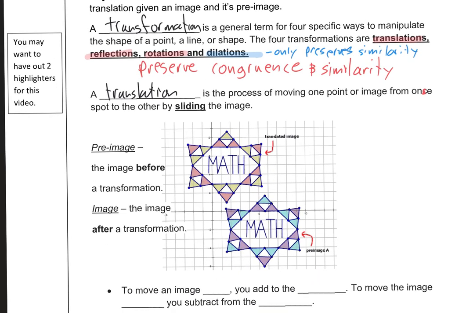So you can see right here, we call this the pre-image. That means this is where it started. And if we slid it up and to the left, that would be a translation. So the pre-image, the image before a transformation, and the image that's after the transformation. And what we normally do is we will write down the pre-image points.